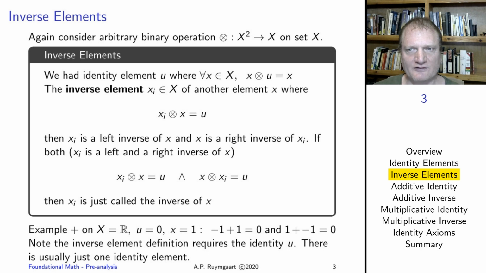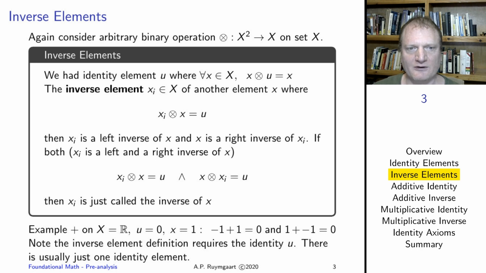Let's look at addition on the real numbers. So we know for addition our identity element u equals 0. So we must have xi plus x equals 0 on the set of real numbers. So when does this hold true? If we have any element x in the real numbers, we have to add something to get 0.